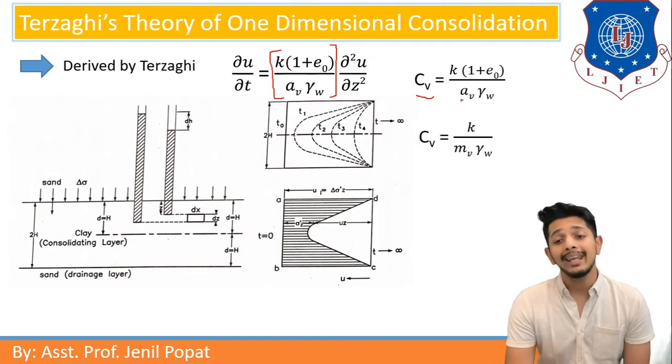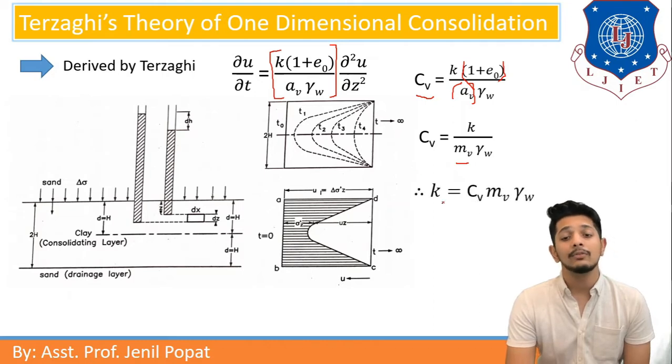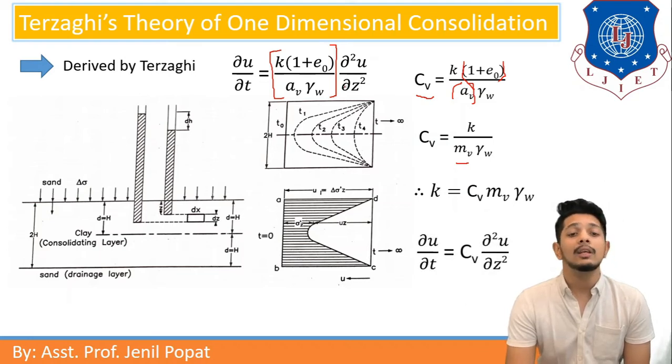Here we know that av upon 1 plus e0 is mv, so we can write mv there. Now if we want to find the coefficient of permeability k, we can find k is equal to Cv into mv into gamma w, and hence we can write del u by dt is equal to Cv into del square u by del z square.